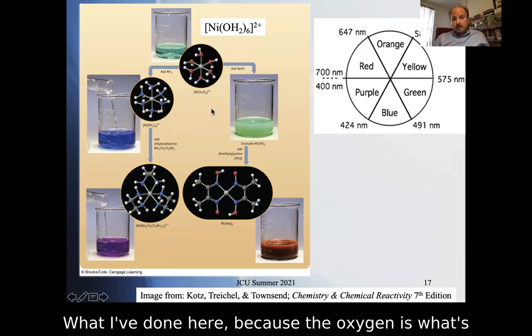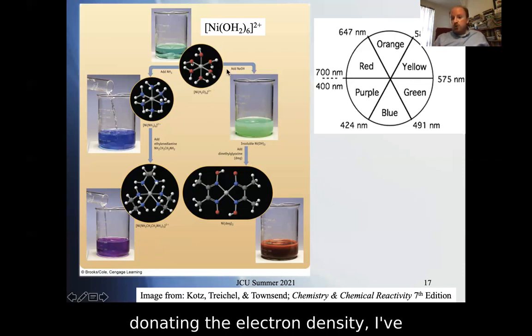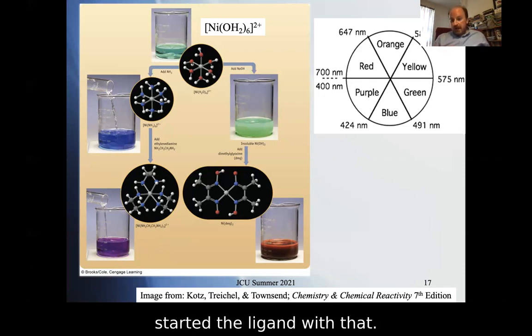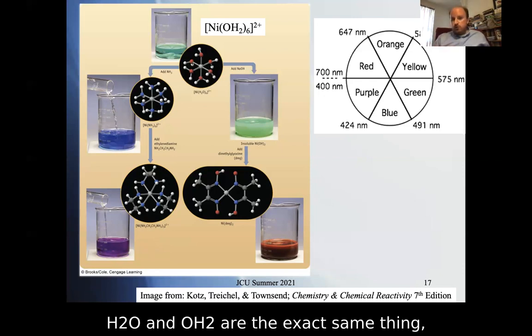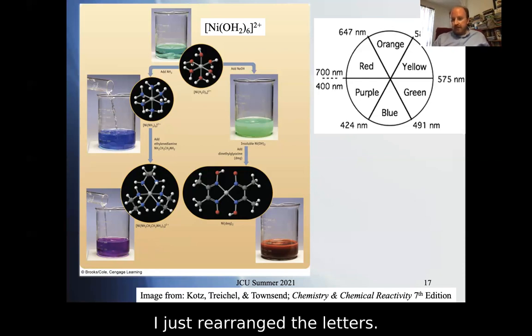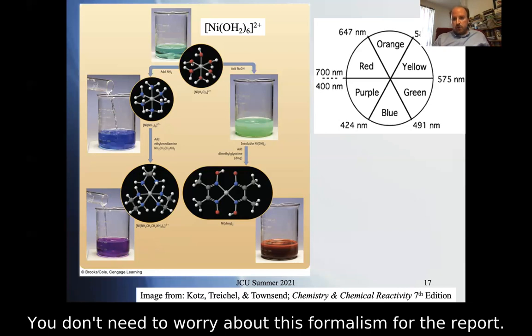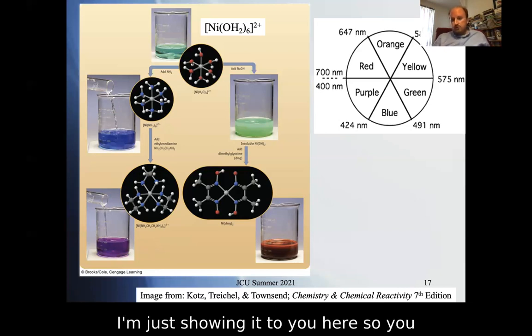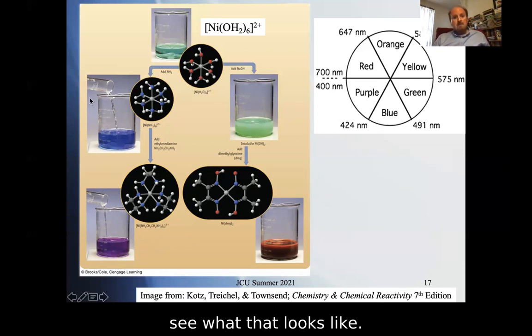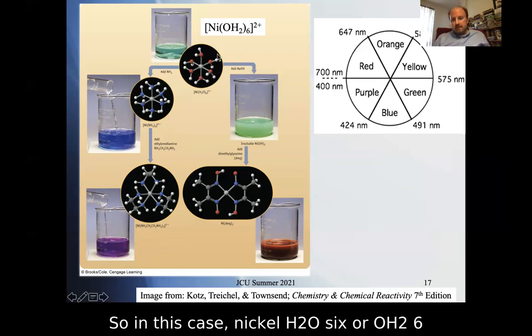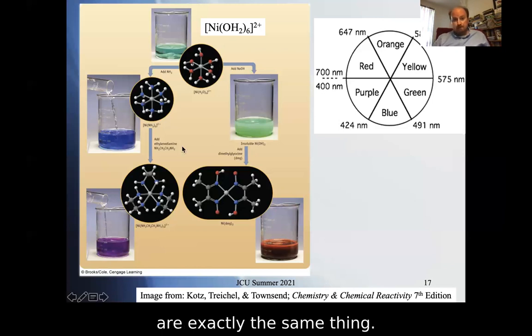Now, what I've done here, because the oxygen is what's donating the electron density, I've started the ligand with that. H2O and OH2 are the exact same thing. I just rearranged the letters. Now, you don't need to worry about this formalism for the report. I'm just showing it to you so you see what that looks like. So Ni(H2O)6 or Ni(OH2)6 are exactly the same thing.